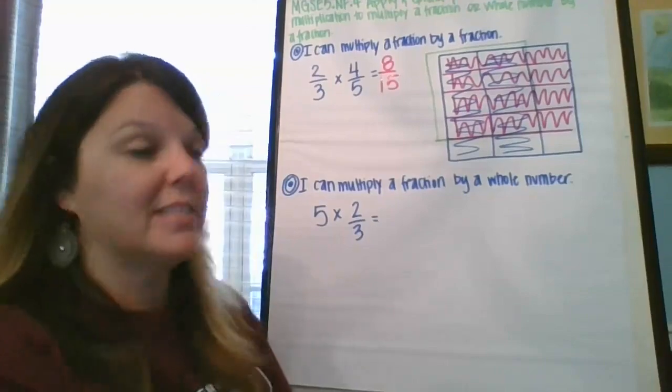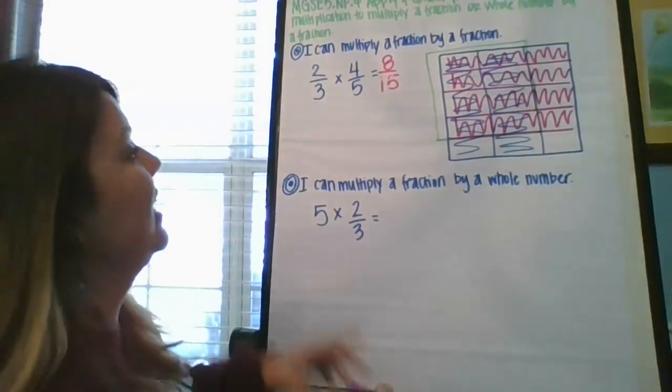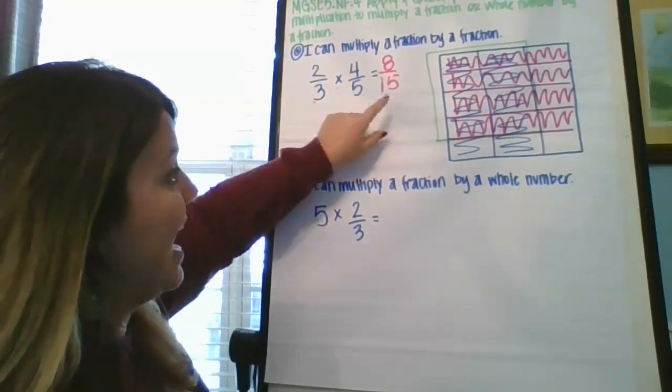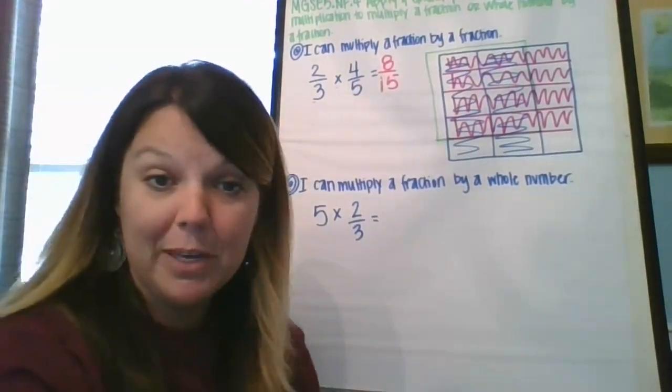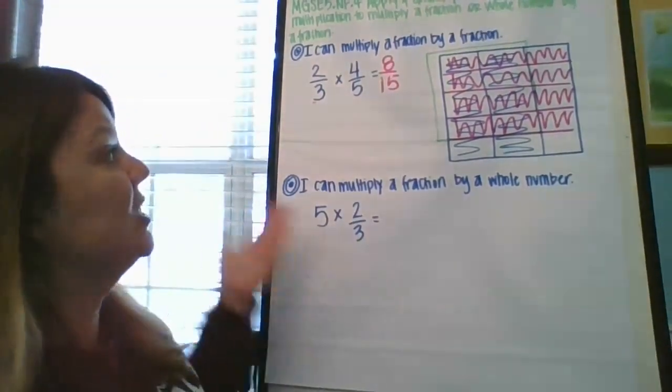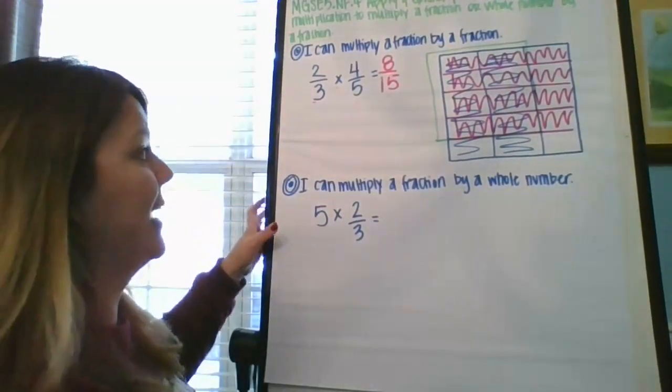Now you might notice that in my equation, 2 times 4 equals 8 and 3 times 5 equals 15. And you would be correct, because when we're just using equations to multiply fractions, we simply multiply straight across.